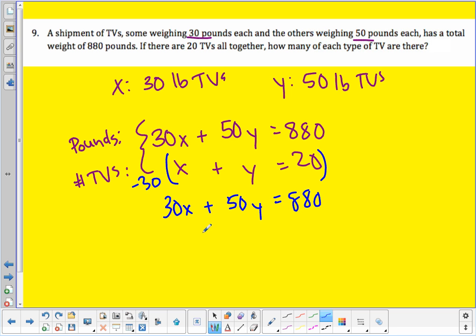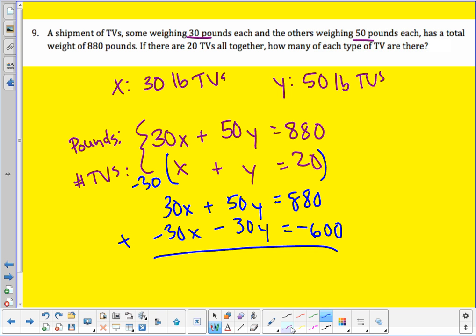Bottom equation looks like negative 30x minus 30y is equal to negative 600. And add them up. X terms go away. I have 20y is equal to 280. Divide by 20, and I get y is equal to 14.